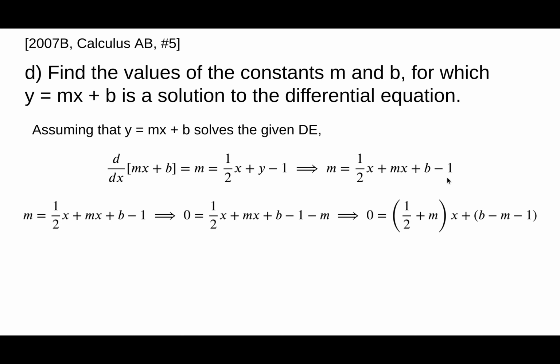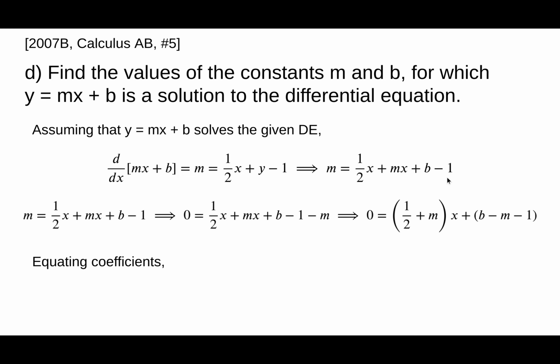If we start to simplify this, m equals 1/2 x plus mx plus b minus 1 implies that 0 is equal to 1/2 x plus mx plus b minus 1 minus m, which further implies that if I have (1/2 plus m) times x, I'm really just factoring out the x from those first two terms, plus b minus m minus 1, then I get just an equal equation.